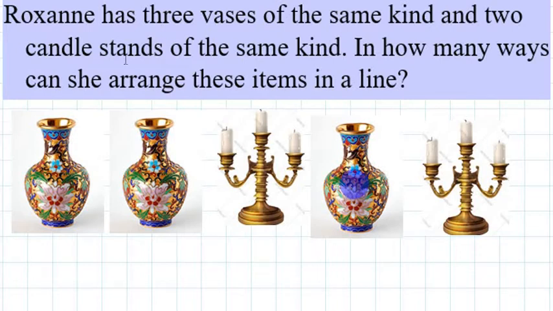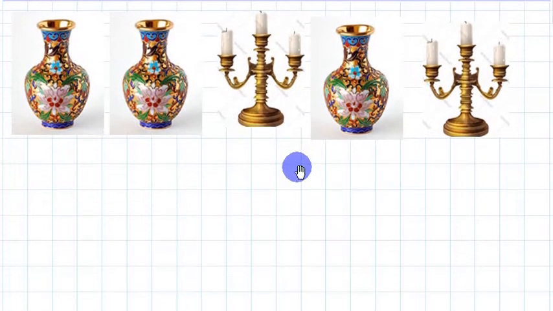So how do we figure out how many arrangements we can do with this one if some arrangements are actually repeating? Now, we have 1, 2, 3, 4, 5 objects in total. So if we want to know all possible arrangements of them, that would be, by the fundamental principle of counting and permutation, 5 factorial.